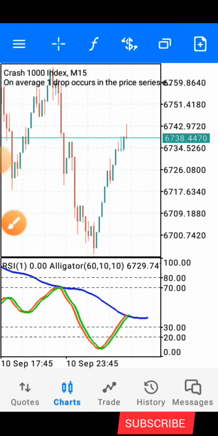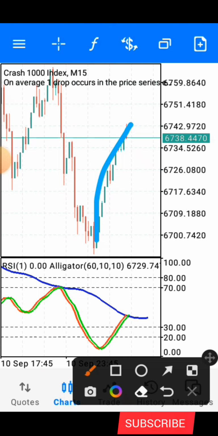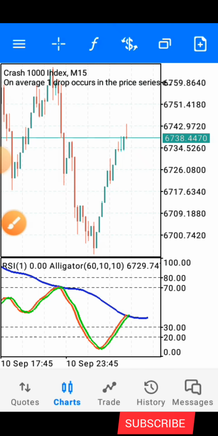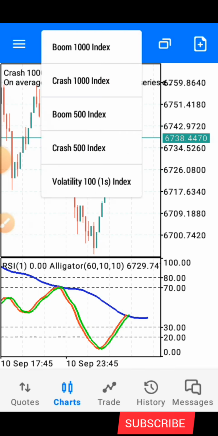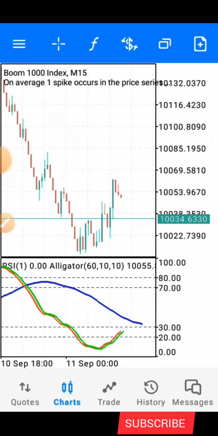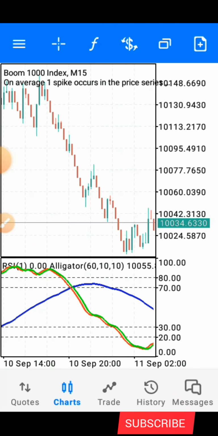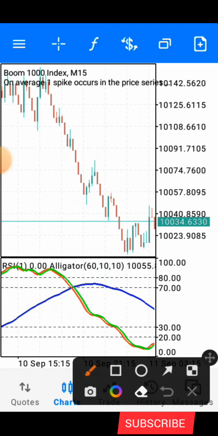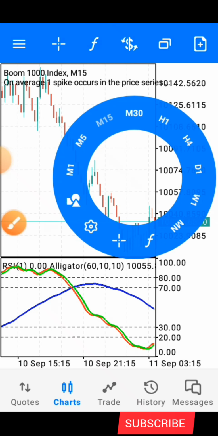We are in Crash 1000, and this strategy we are going to be using to catch the ticks, the small candles. We are going to be trading against spike with this strategy. If you are on Boom and the market is in a downtrend currently, you can apply the strategy.